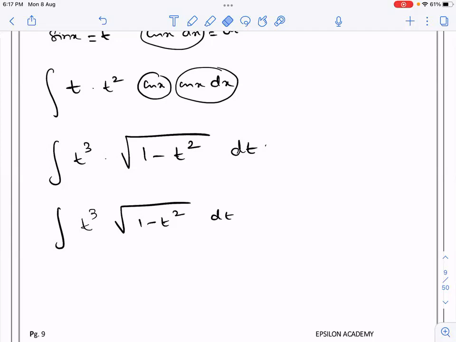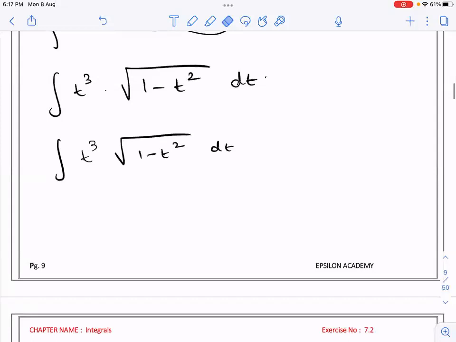I told you, whenever problems have square root, what are you supposed to do to the square root? Eliminate the square root. So 1 minus t square, can I take it as y square?